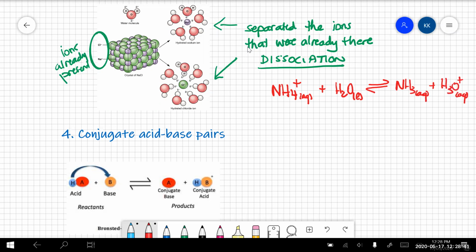Now, this still counts as ionisation because we took a neutral molecule and we turned it into an ion. We also took an ion and we turned it into a neutral molecule. So even if we've got a mix of ions and neutral molecules, if you've turned neutral molecules into ions, then that is ionisation.